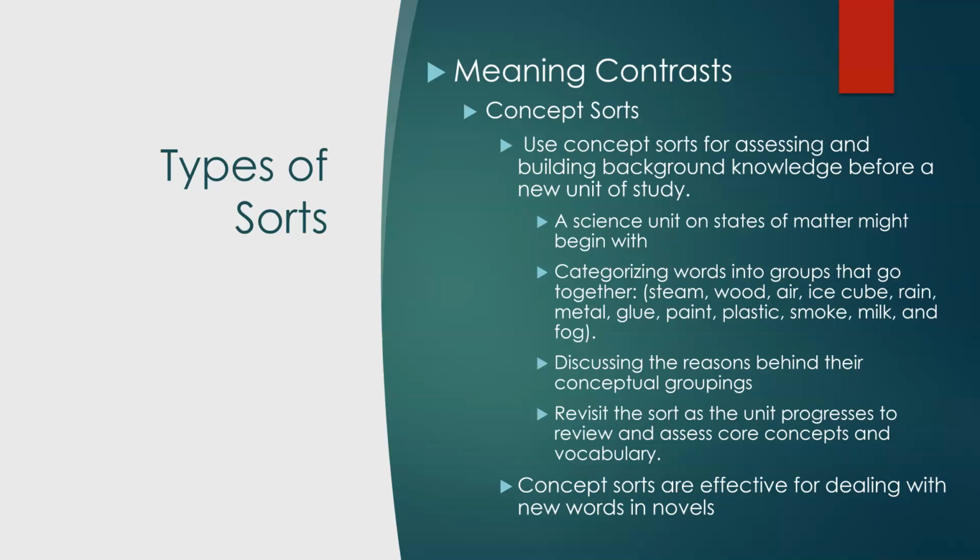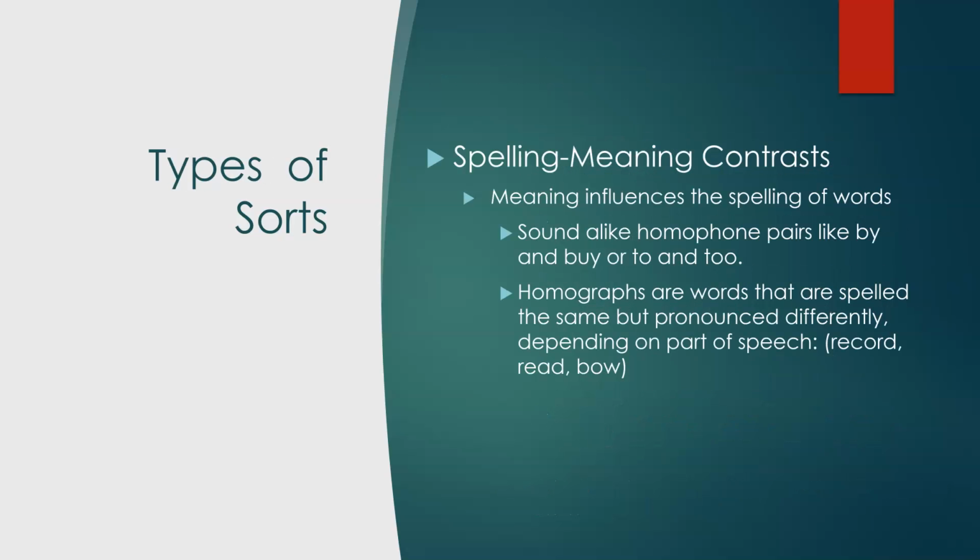And then discussing the reasons behind how the kids created their conceptual grouping. And then you revisit the sort as the unit progresses to review and assess core concepts and vocabulary. So you do this in the beginning before you start the unit, and you do it at the end too. Concept sorts are effective for dealing with new words in novels. So if you're using a novel, you might use a concept sort there as well.